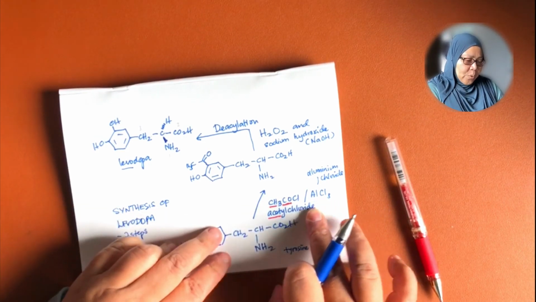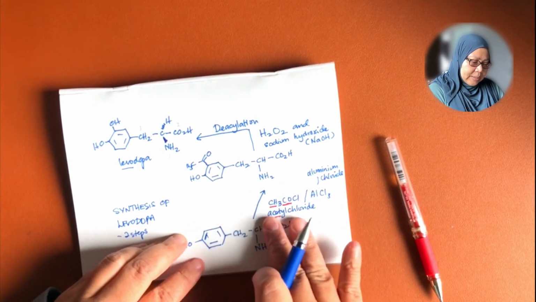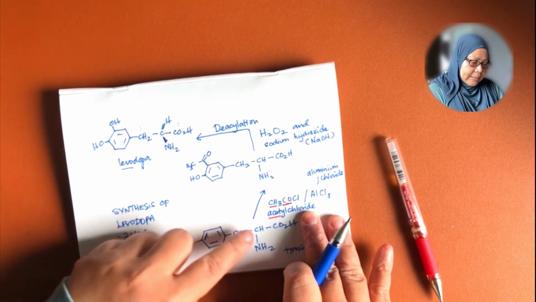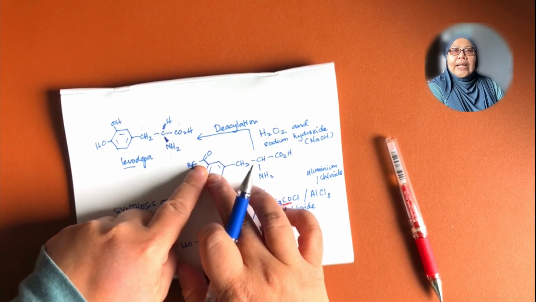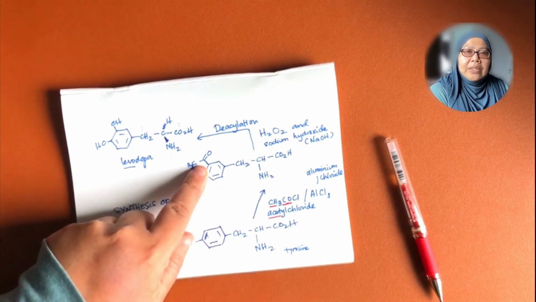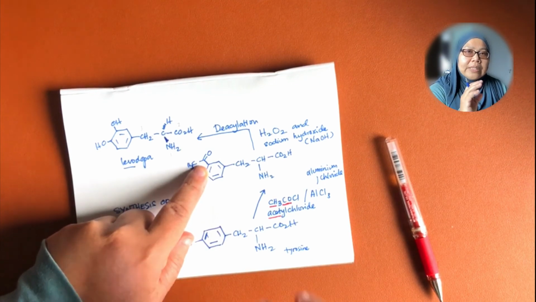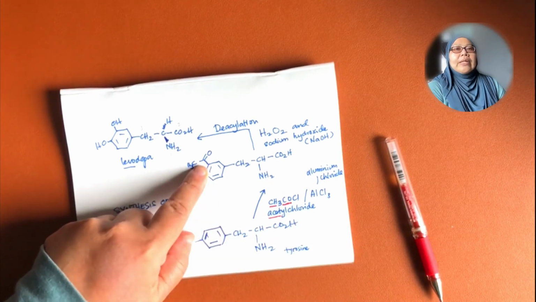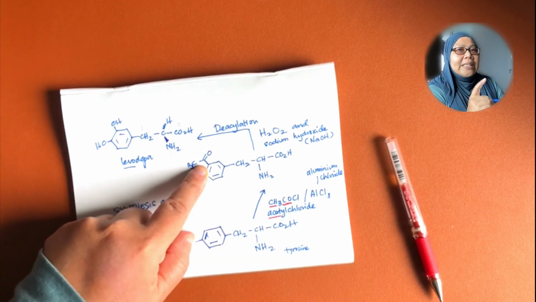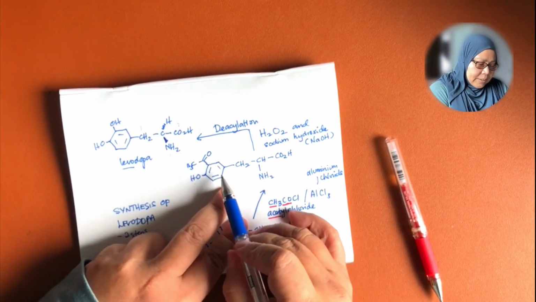When this compound has been treated with acetyl chloride, it will add on that acetyl group onto the aromatic ring. At this point, compare with aspirin. The difference is that this is a carbon-carbon bond reaction, whereas in aspirin, the acetylation is a carbon-oxygen bond reaction.